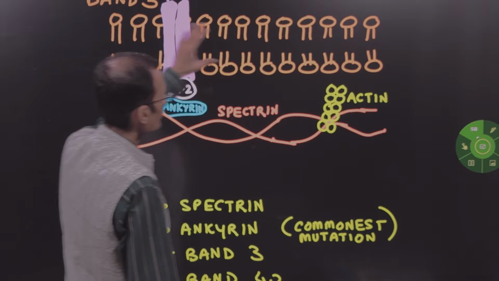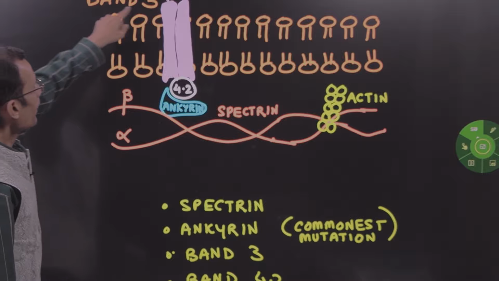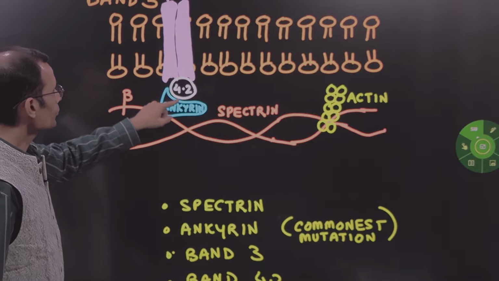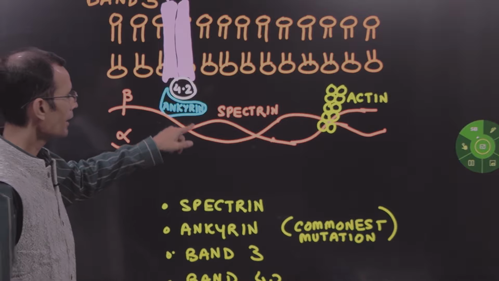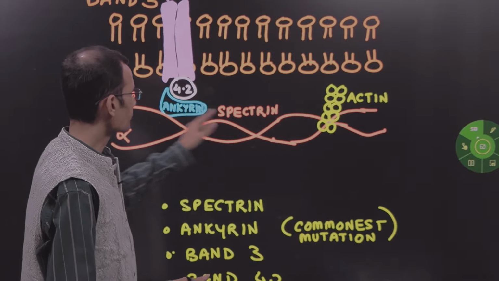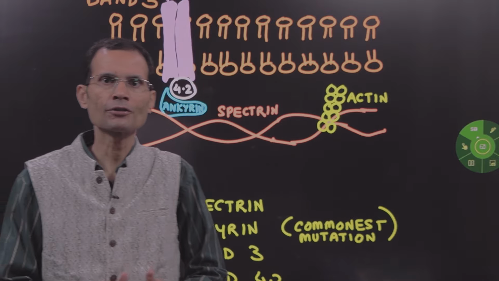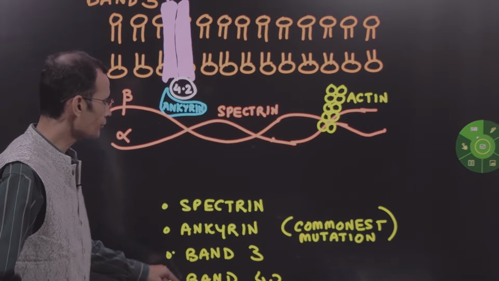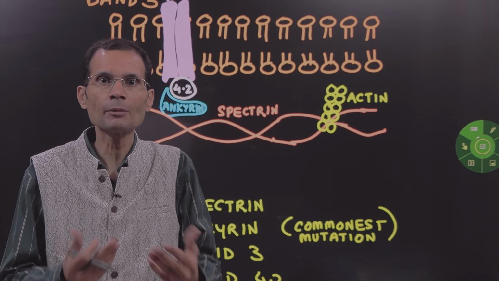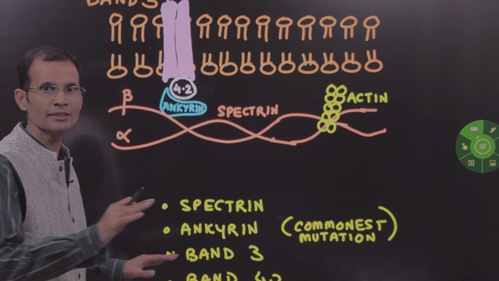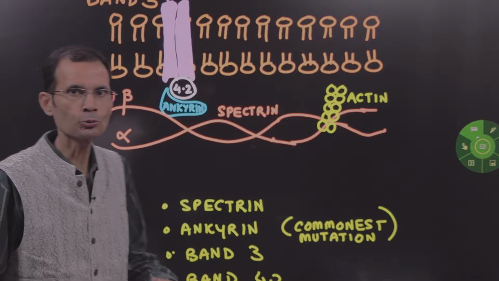This is the RBC membrane, and you have to know certain proteins in it. This is the band 3 protein, which is associated with band 4.2 protein, and then ankyrin, and there are two subunits of spectrin, alpha and beta spectrin, also associated with actin, which is a part of the cytoskeleton. These 4 proteins are very important for the RBC membrane, its flexibility and biconcave shape: spectrin, ankyrin, band 3 and band 4.2.